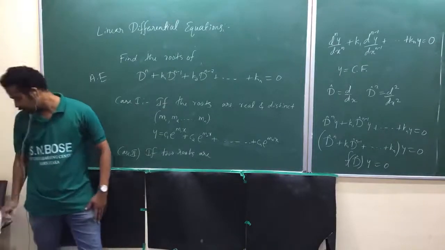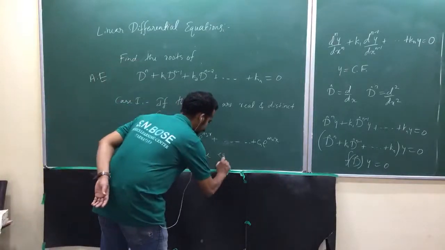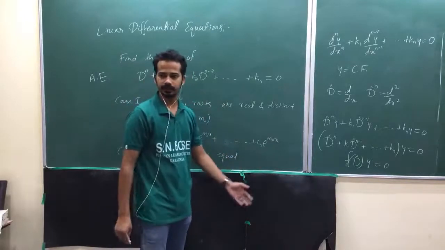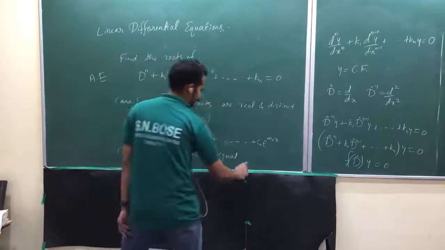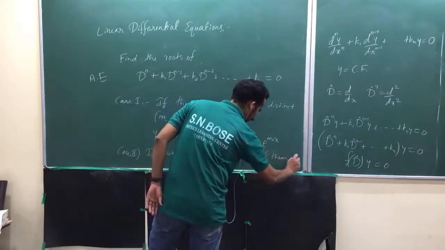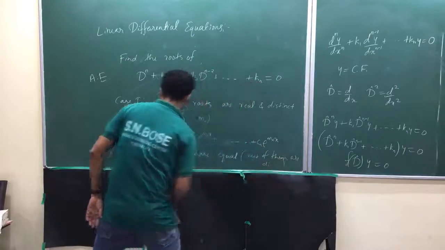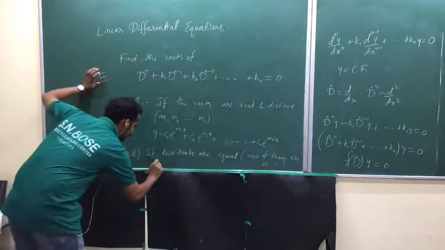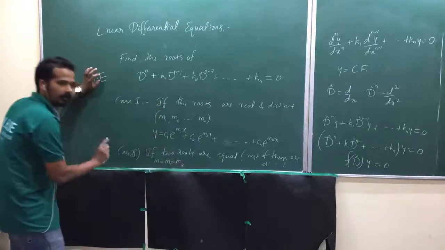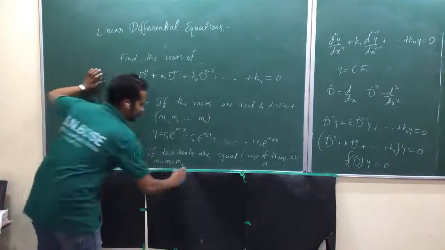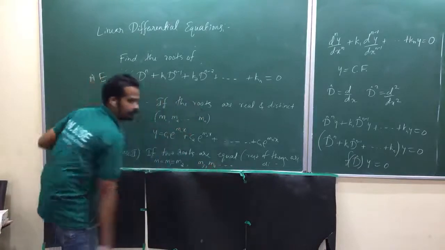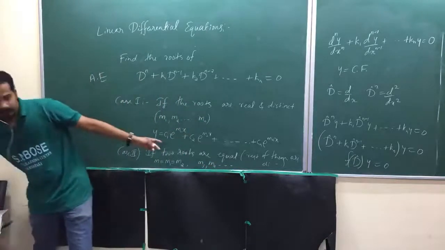If two roots are equal, that means the rest of them are distinct. For that repeated root, can I write m = m1 = m2? I call that m. And the other roots are m3, m4, and so on. Is that okay?